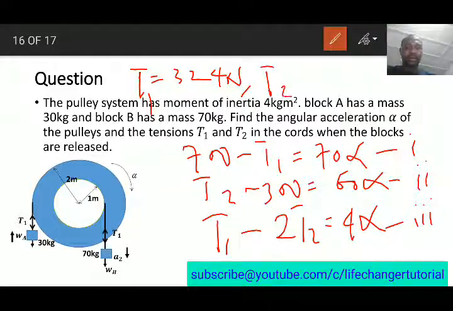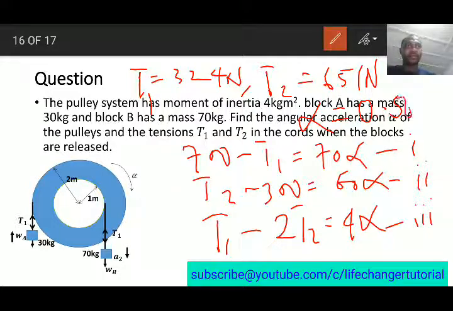Then we're going to get T2 to be 651 newtons. We're also going to get alpha to be 0.50 radians per second squared. So that is how you go about that.